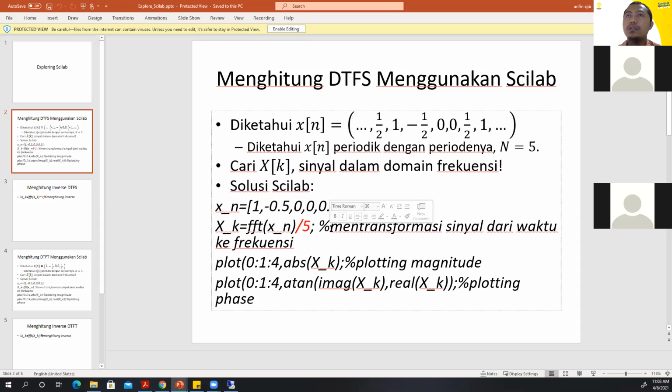This command transforms the signal from the time domain to the frequency domain. And then we can plot, if we want to show the x[n] magnitude, and this one is plotting the phase.